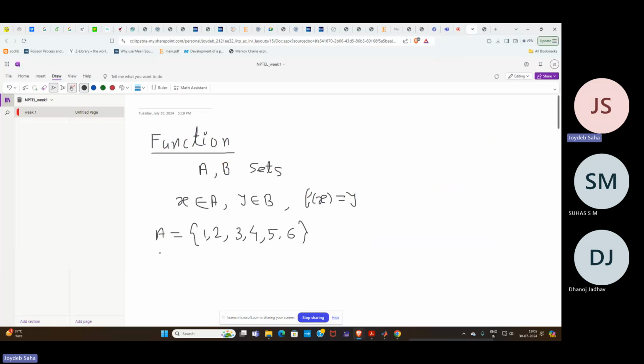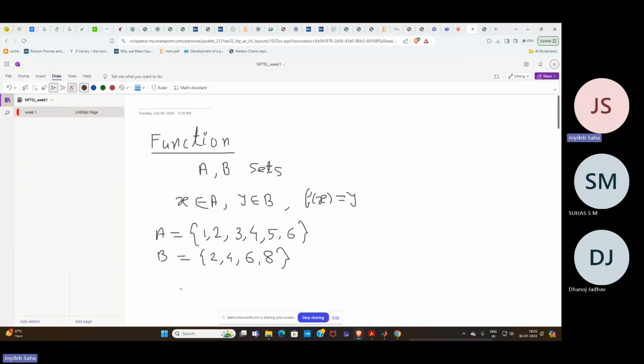Okay, and B is another set, let's assume 2, 4, 6, and 8 also.